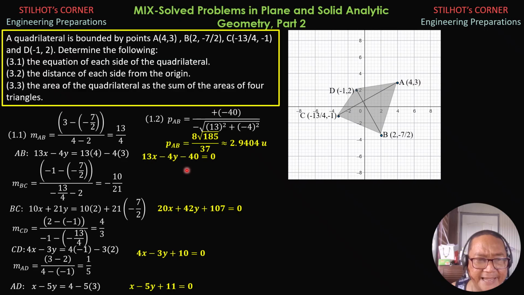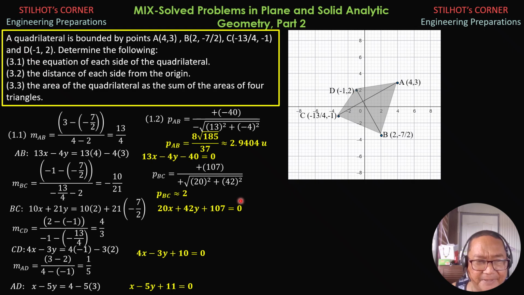So next is the distance from the origin to BC. The origin again is above BC, so positive in the numerator: positive of 107 divided by positive of the square root of 20 squared plus 42 squared.